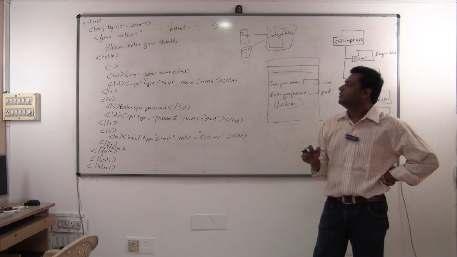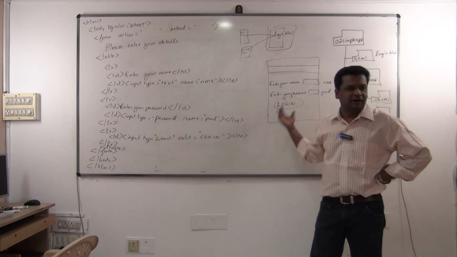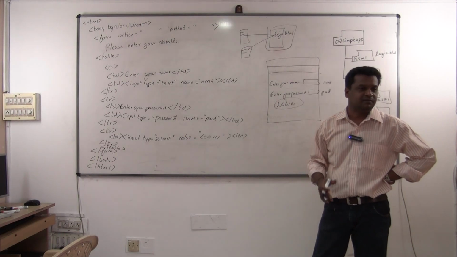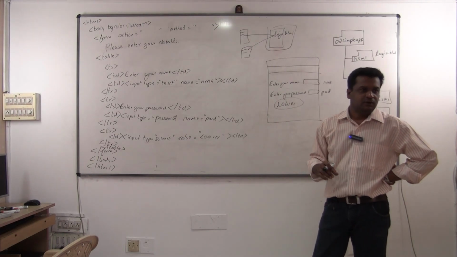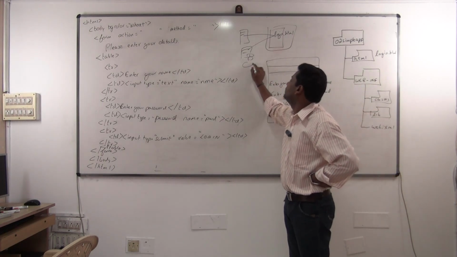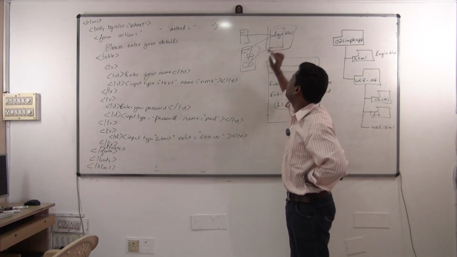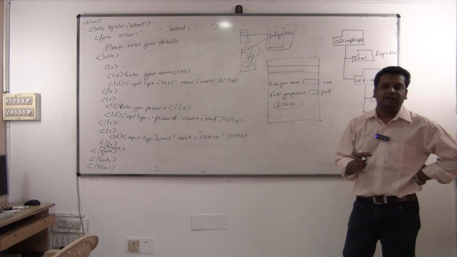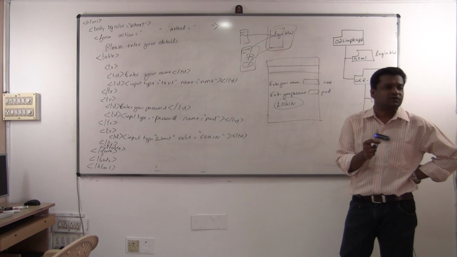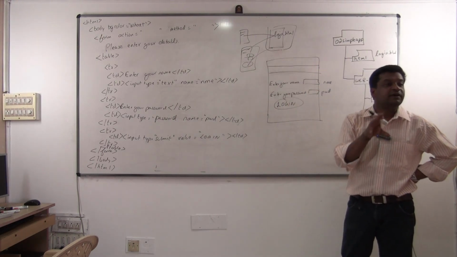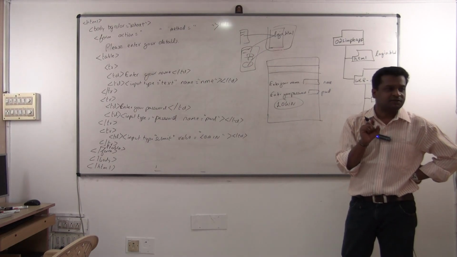The reason is that right now I'm having only two input fields. Later on you'll have ten, many input fields. The user will be giving a lot of values to you. When you submit these values, enter name, enter password, they enter your program. So you need to know which box each value is coming from. You'll be writing code: get me the value from NAME box, get me the value from PWD box.